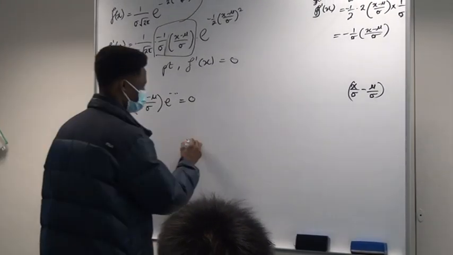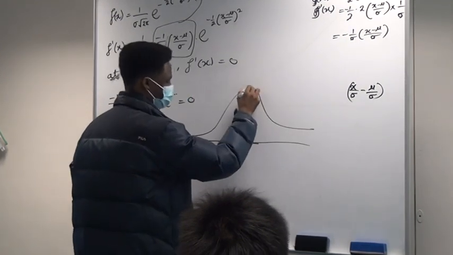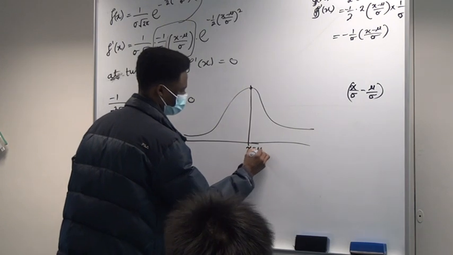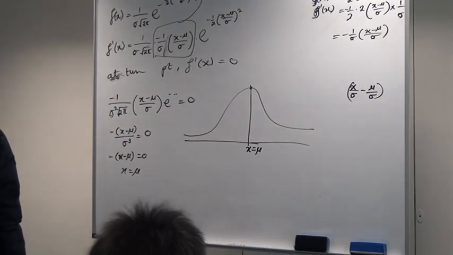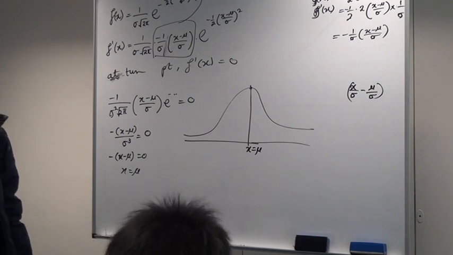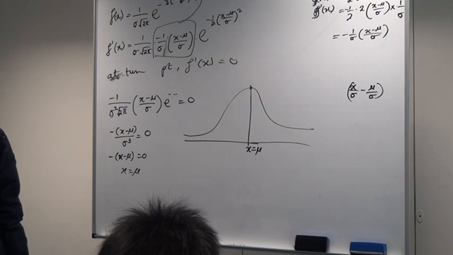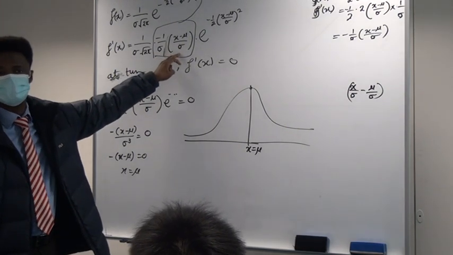Which is why whenever we draw a normal curve, at this turning point, x is always equal to mu. Does that make sense? And if you do the second derivative, you can find a point of inflection. The second derivative is when we differentiate this again and equate it to 0.